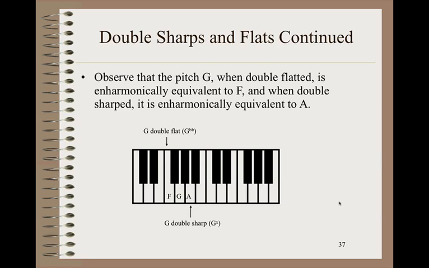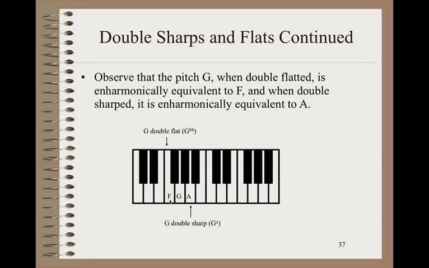In case you got a little confused with that, let's look at that a little bit closer. Notice the double sharps and double flats we have here: there's a G, and then if we go a half step and then another half step, this F would also be named G double flat.